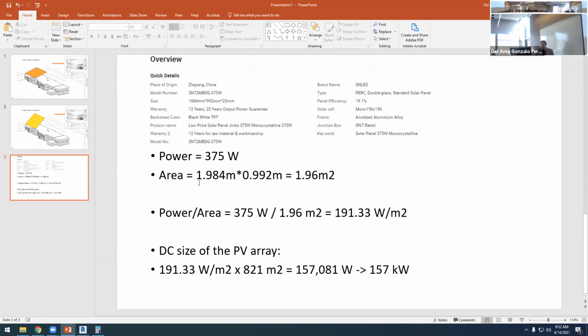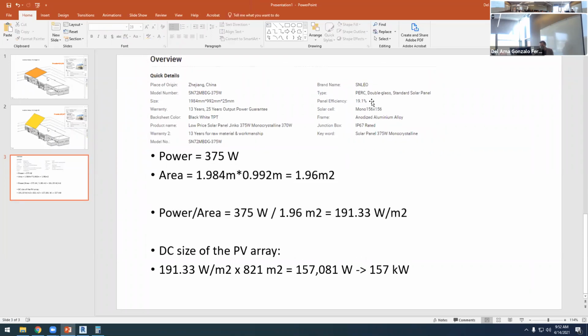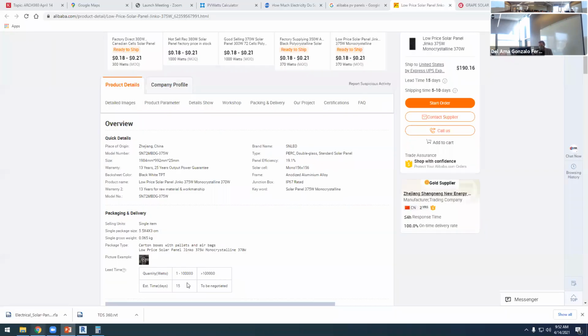Okay, so make sure that if you are creating that report, because at the end you will have to submit a report, if I want to follow your calculations, I need this. But finding the PV array, it's up to you. You see that it's quite simple. You go to Alibaba.